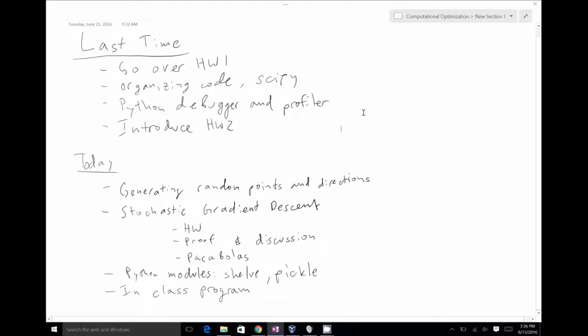And then, depending on the extra time that we have towards the end of class, I'm going to introduce you to two useful Python modules that you should know about. They're called Shelve and Pickle. The reason I'm introducing you to them is because we're going to use them in some future homework assignment. They're the basic way that you can store a bunch of data in Python and then load it back into your program later, right?